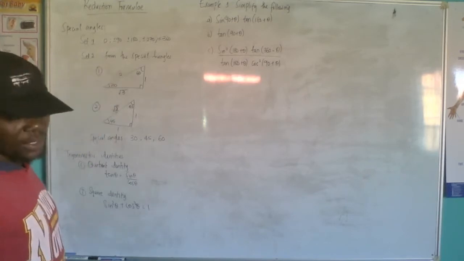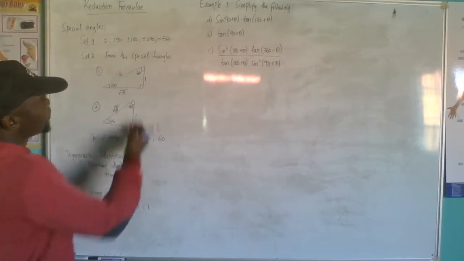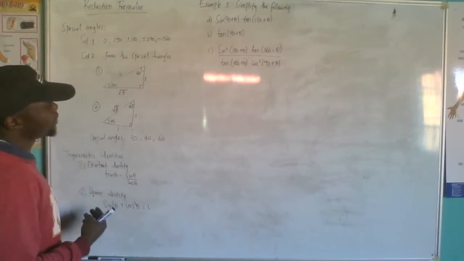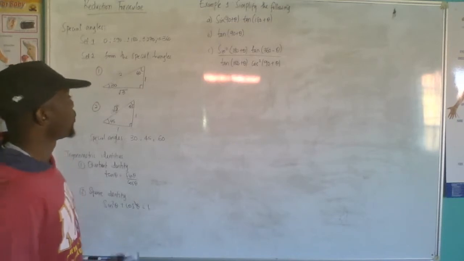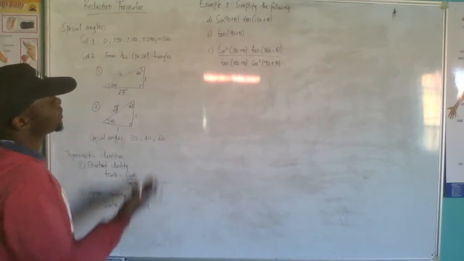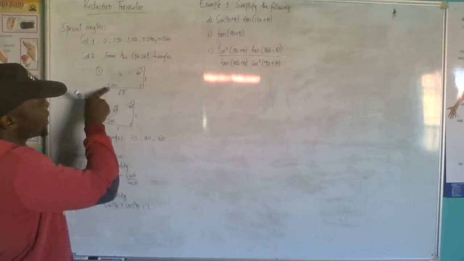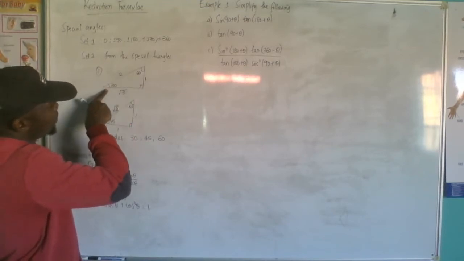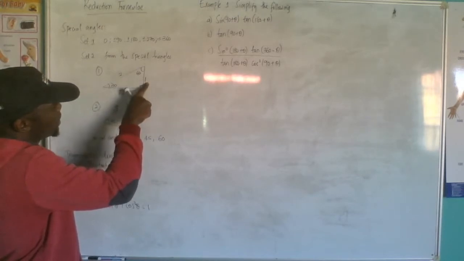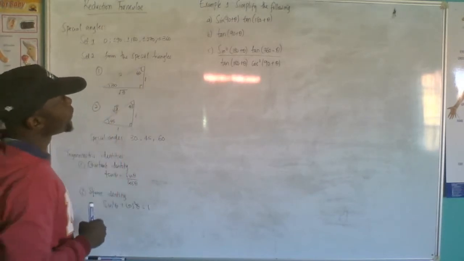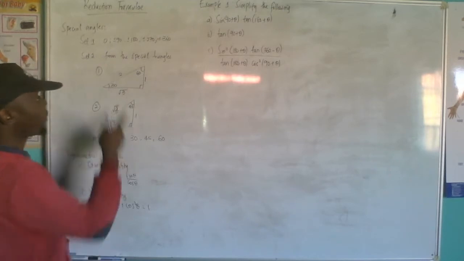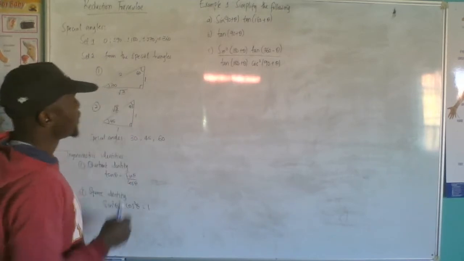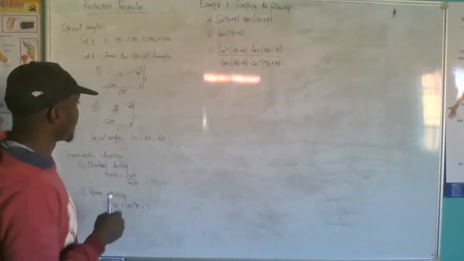The second set, we are developing them from the special triangles. These triangles you have to know by heart. The first triangle, where one angle is 30 and the other angle is 60. That means opposite of 30 is 1, our longest side, which is the hypotenuse, becomes 2, and the adjacent to 30 becomes root 3.